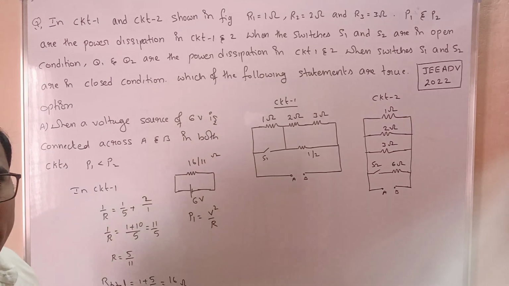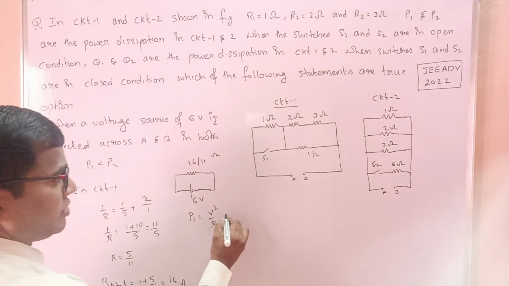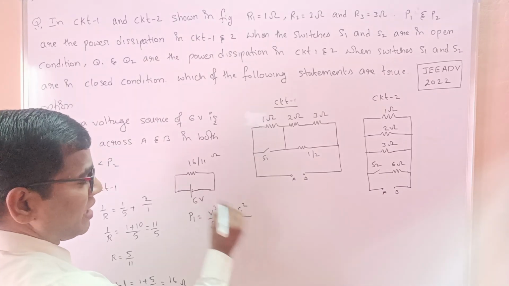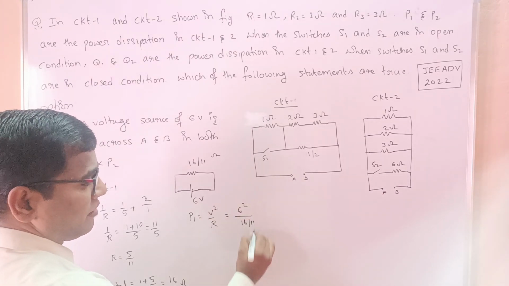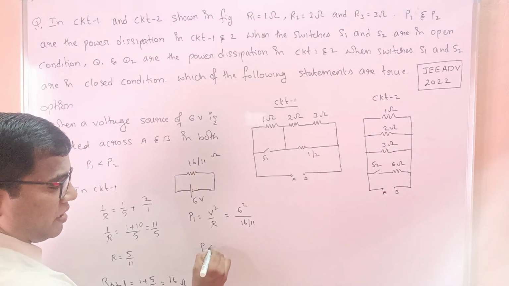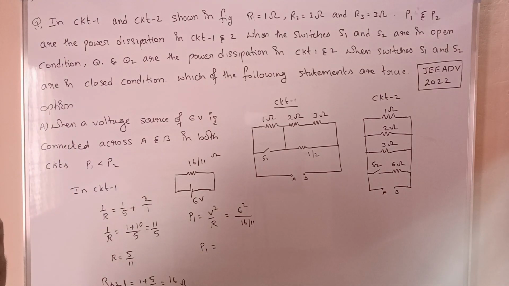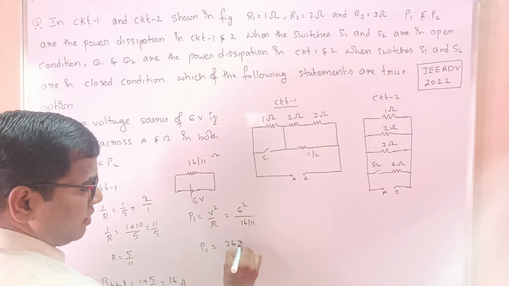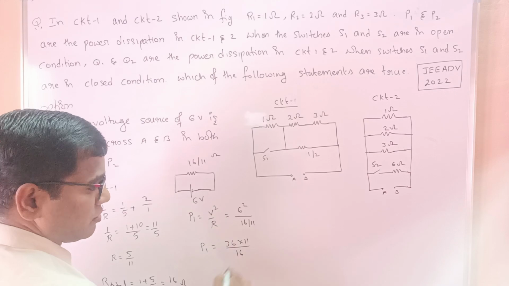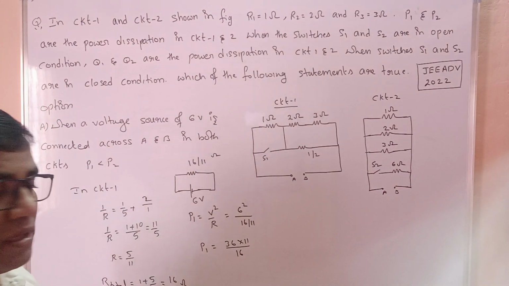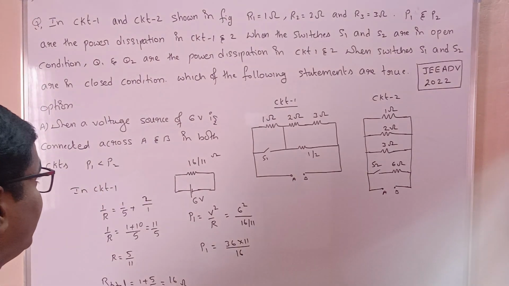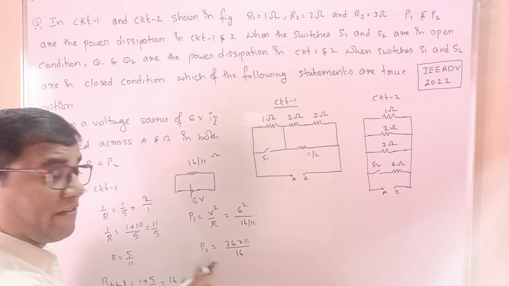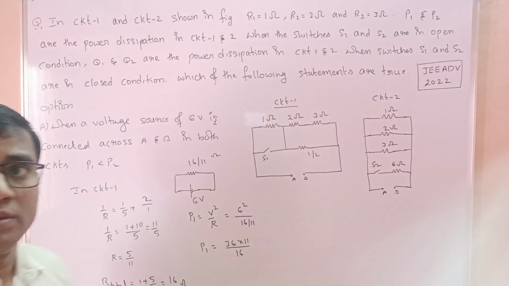P is equal to V square by R, so P1 is 6 square by 16 by 11, which can be written as 36 into 11 by 16. So P1 we got as 36 into 11 by 16. I will erase this and note down the value of P1.